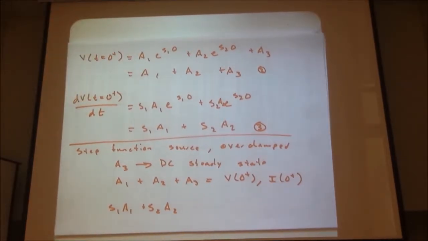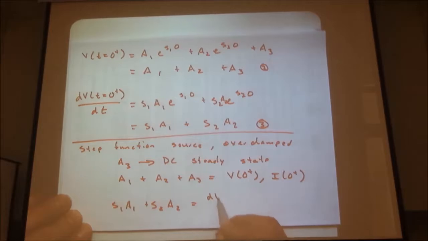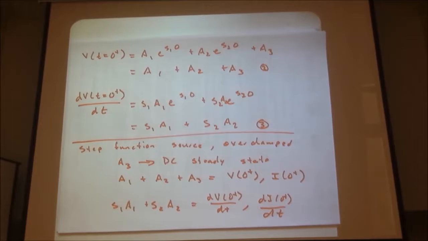And the S's are known. Those came directly out of the differential equation. And here we have to know a little bit about our circuit, of course, to find these values. V or I of 0 plus. And this is, again, the same. It doesn't matter what we're looking at. That's the form.